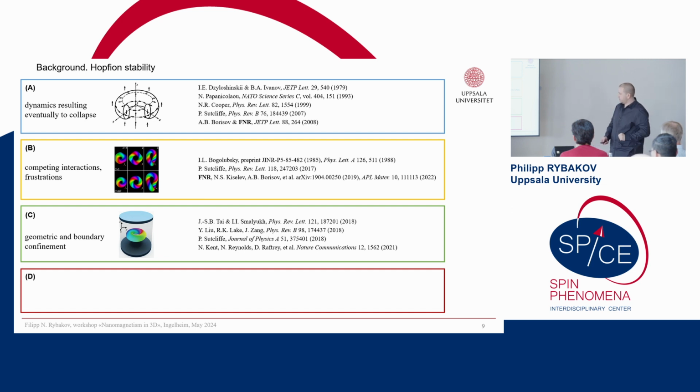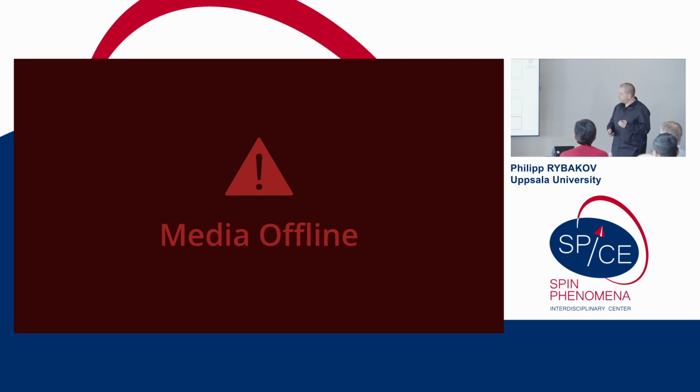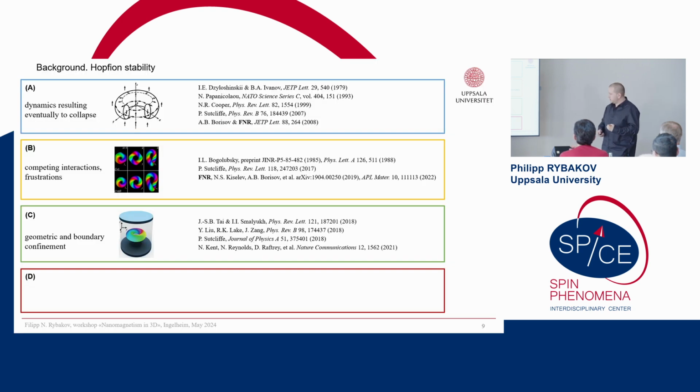But keep in mind that by confining the hopfion, we are killing its degree of freedom for mobility. In other words, we are paying a very high price for stability. In a certain sense, it is a step back from three-dimensional to something of lower dimension.